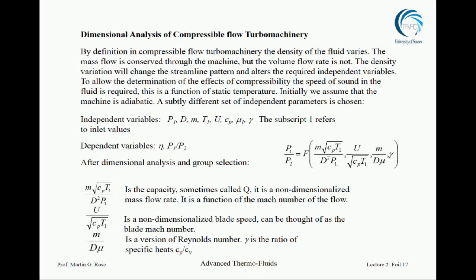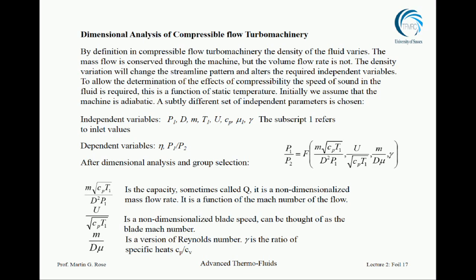We end up with these. As we've already discussed, they're not singular, but they are the ones that we conventionally choose, so you should be aware of them. The first is known as dimensionless mass flow. It appears in fluid mechanics in many different places. It's particularly important in turbines where it controls the mass flow through the engine as a whole.